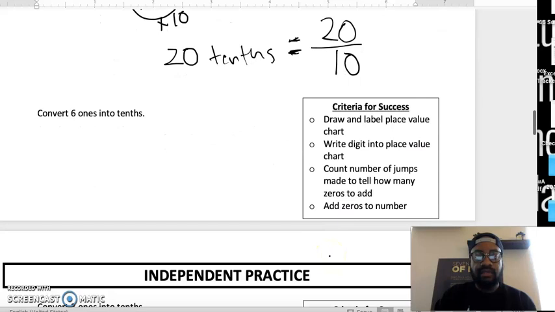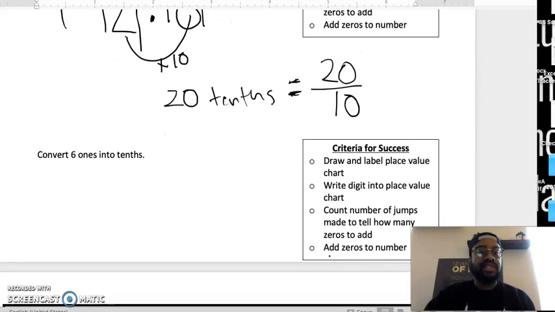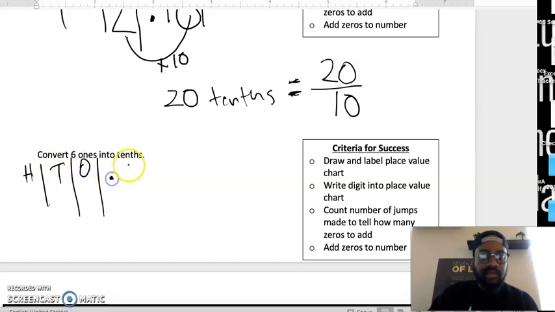Let's scroll. It says convert 6 ones into tenths. I'm going to do the same thing. I'm going to start by drawing my place value chart: hundreds, tens, ones, decimal, tenths, hundredths. It says 6 ones, so I'm going to put a 6 in the ones place, and I'm moving to the tenths place.